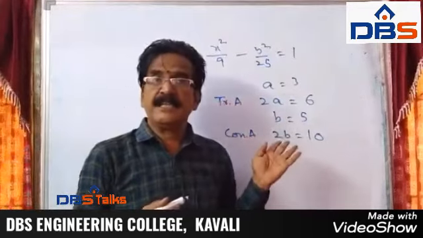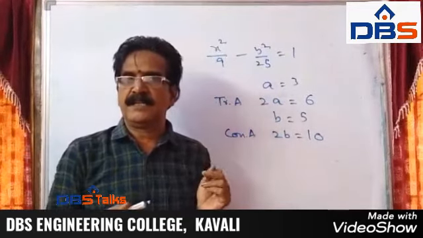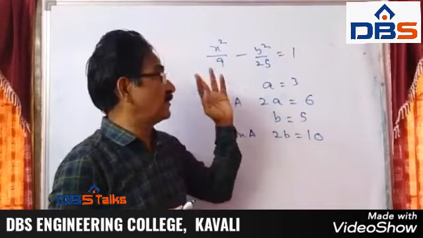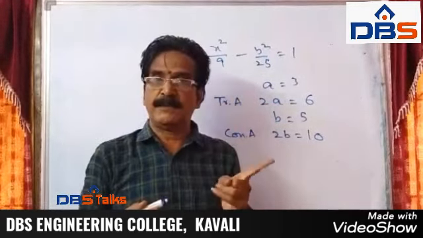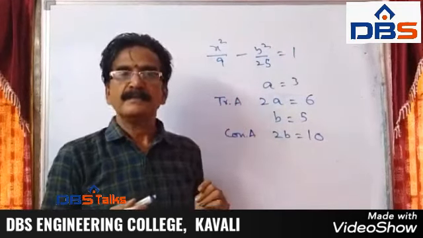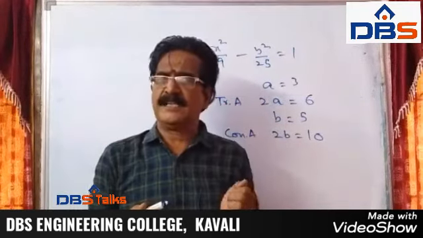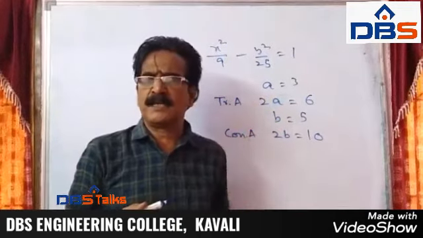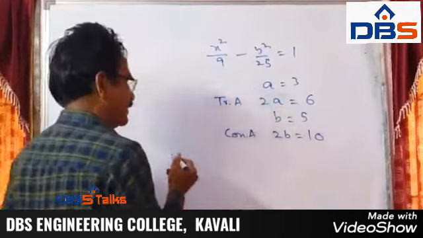And the equation of the asymptotes. For the standard form x square by a square minus y square by b square is equal to 1, the equations of the asymptotes are y is equal to plus or minus b by a into x.